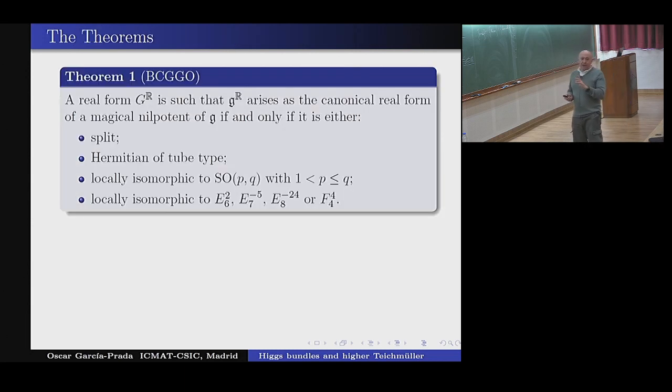The first thing is a classification of this notion of magical nilpotents. The classification is that a real form, G_R, is such that its Lie algebra arises as the canonical real form of a magical nilpotent of the complex Lie algebra if and only if you are split, you are Hermitian of tube type, you are locally isomorphic to SO(p,q) with these conditions here, or you are locally isomorphic to these real forms of E6, E7, E8, and F4.